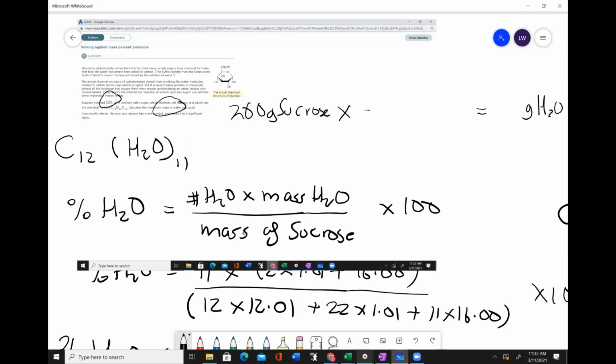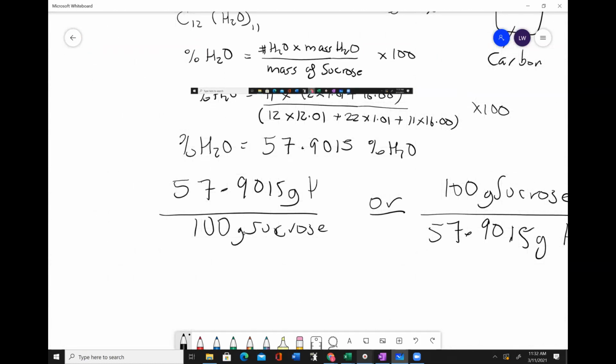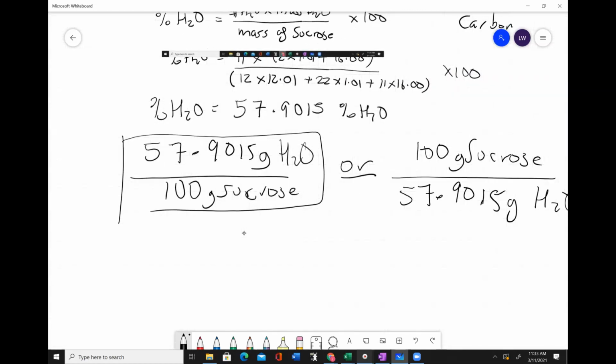So we have to multiply by the conversion factor that's got grams of water on the top line and grams of sucrose on the bottom, so that they cancel out. So we want grams of sucrose on the bottom line.